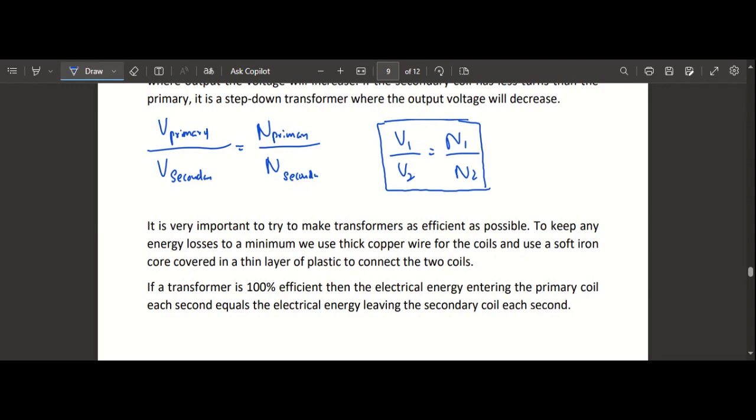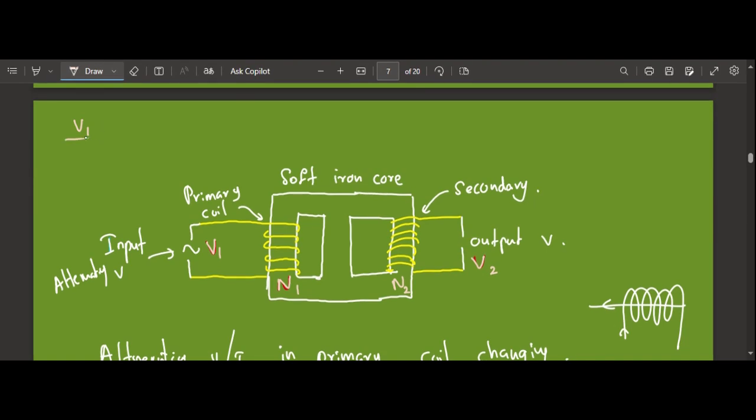Now here is how it's happening, right? Now you can see V1 over V2 equals N1 over N2. Now you can see if this value is high, V1 will be high, right? So if V1 is high, that means V2 is small.